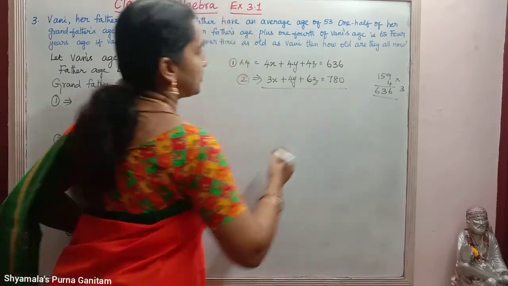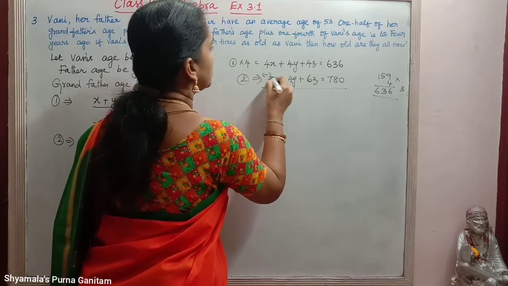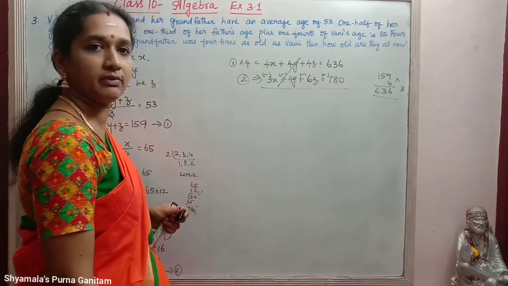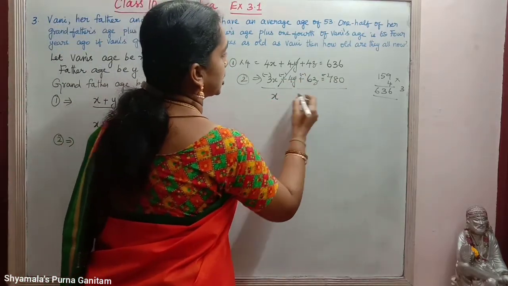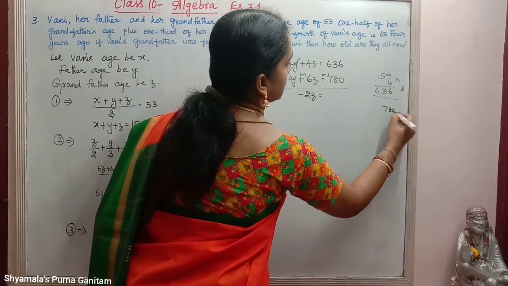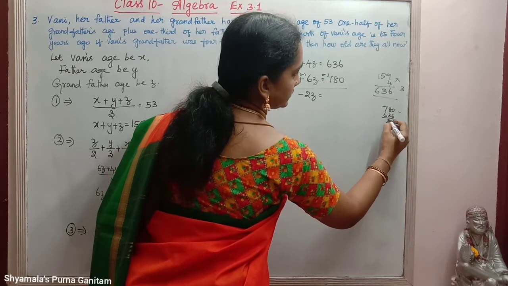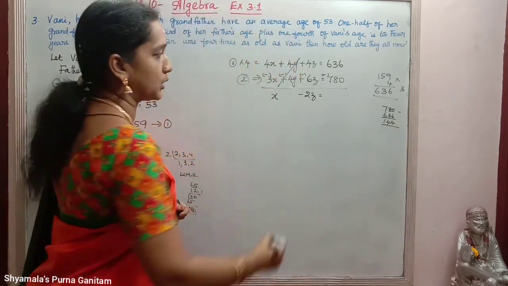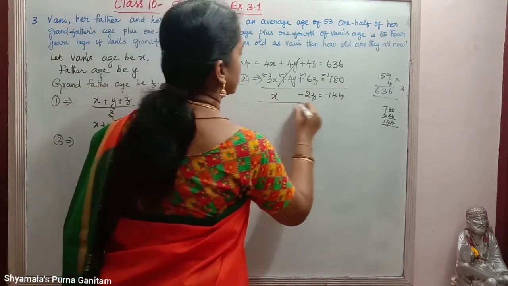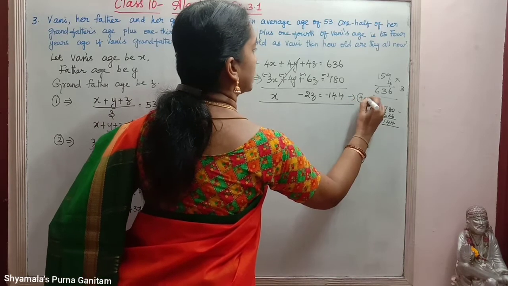Now we subtract both equations so that the y value gets cancelled: plus 4y minus 4y cancels. So we get an equation x minus 2z is equal to 780 minus 636, which is 144 with a negative sign. So this is the fourth equation.